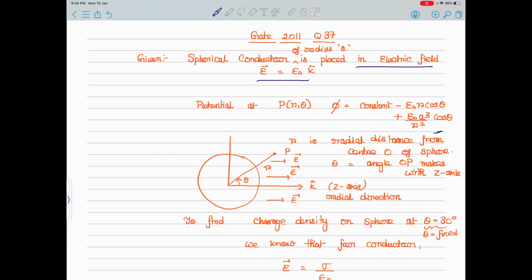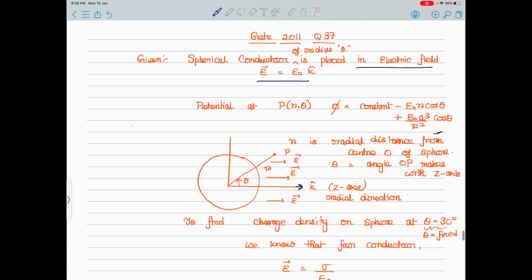This k cap is the Z axis, which is representing one of the radial directions, because if we just see the spherical polar coordinates and make a particular quadrant, suppose this is the Z axis, this is X, this is Y, and this is your R. So you can see that this is also one of the radial directions, and the electric field given in this question is in the k cap direction, towards the Z direction, which is nothing but one of the radial directions.